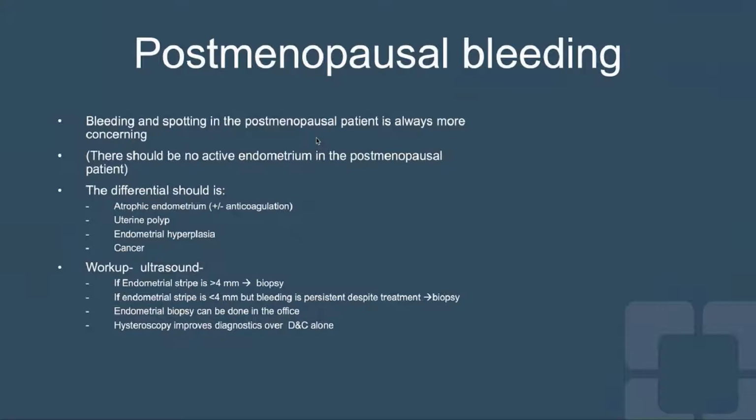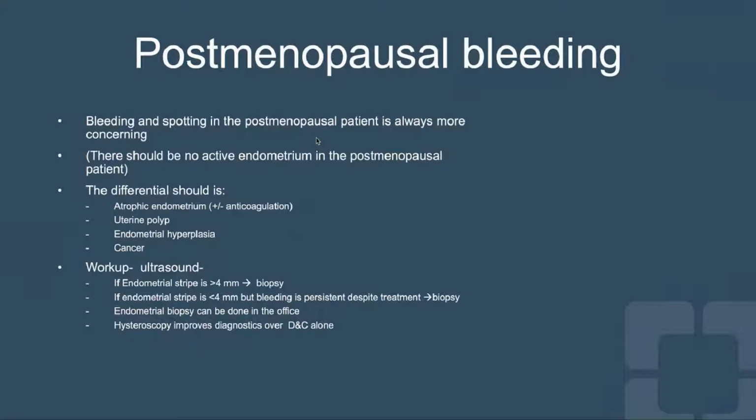Now, more commonly in the postmenopausal patient, where there is bleeding, it is a benign source, but this has to be differentiated. An atrophic endometrium can sometimes cause a minor amount of spotting. It's typically a very minor amount of isolated spotting, but sometimes this can cause a problem. This can cause bleeding that is asymptomatic but needs a workup.